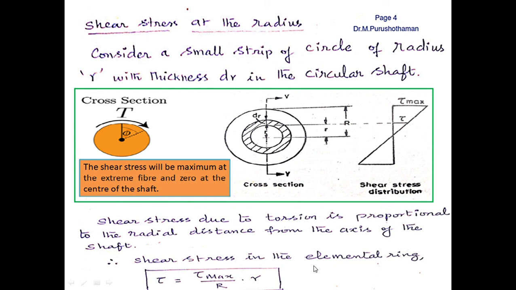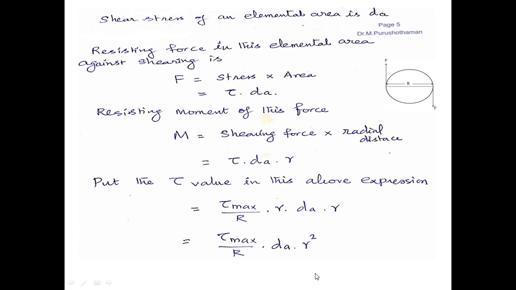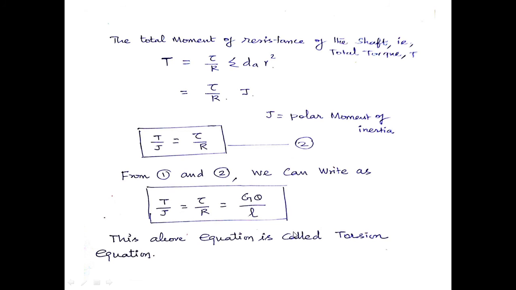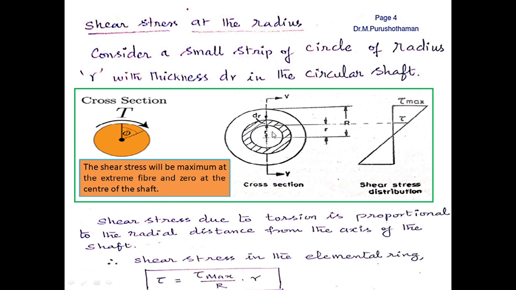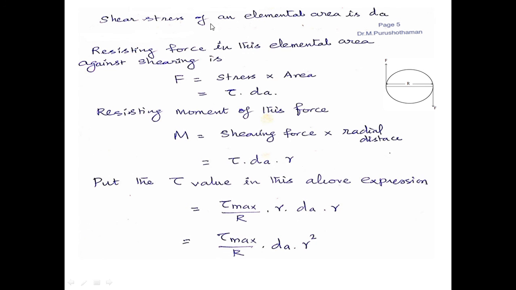So shear stress in the elemental ring is tau max by R into the radial distance small r. The area of the smaller circle is dA, right?